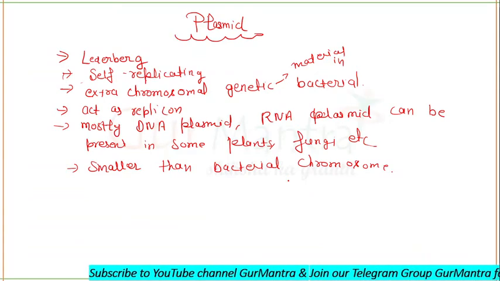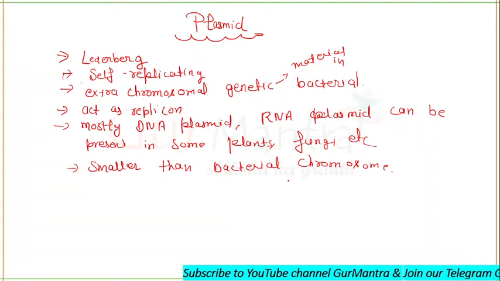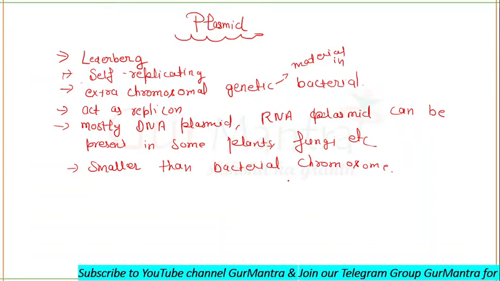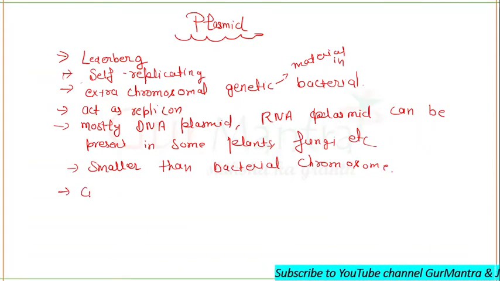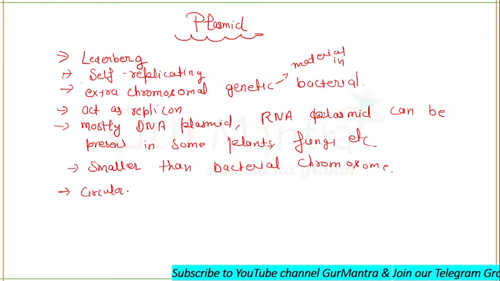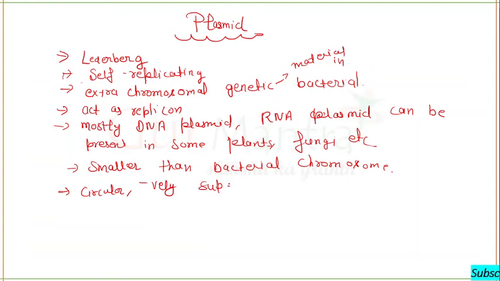Okay, in some bacteria, they encode traits which are not exactly essential for bacterial viability, and they can replicate independently of the chromosome. Most of the plasmids are circular and negatively supercoiled.